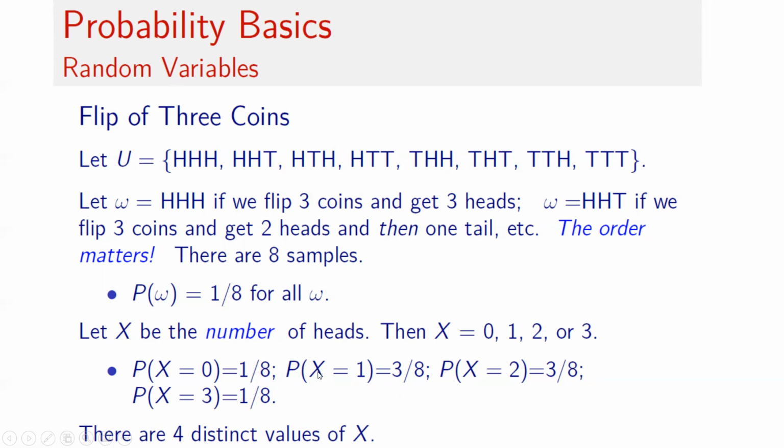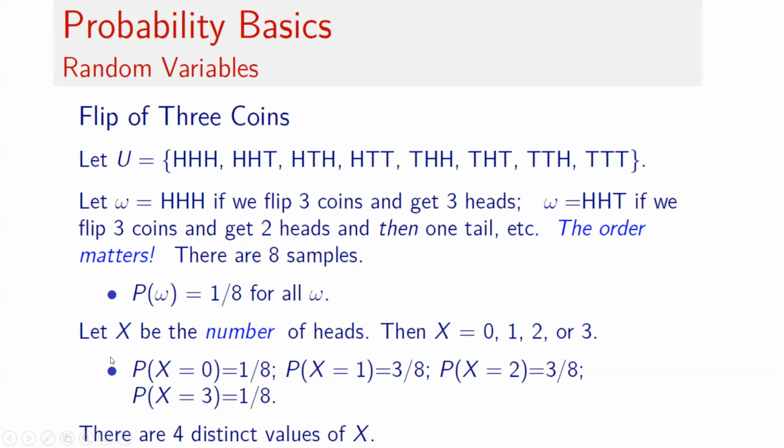The probability of X equal to 1 is 3 divided by 8, because having 1 head, if you come here, we have 1, 2, and 3, no more. The probability of X equal to 2 is 3 divided by 8, and the probability of X equal to 3 is 1 divided by 8.